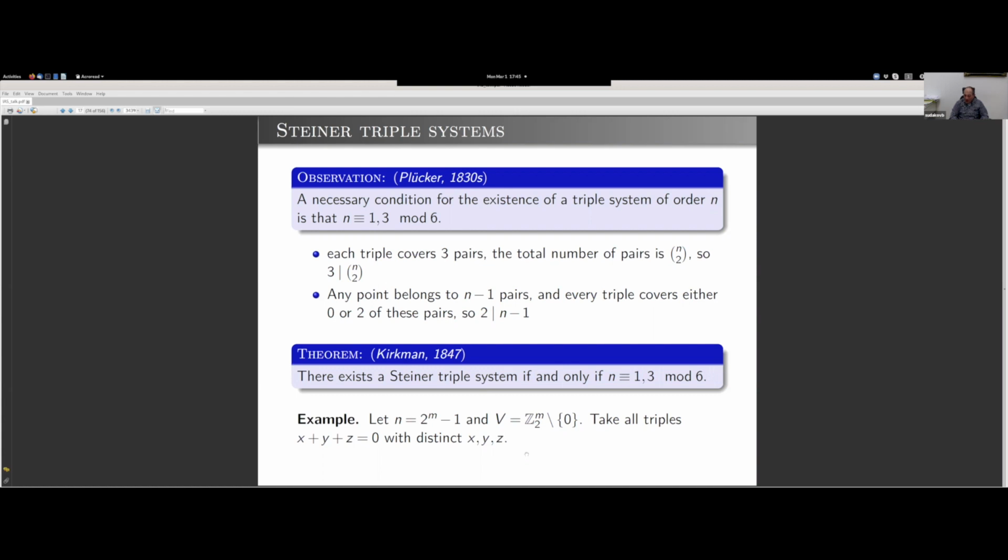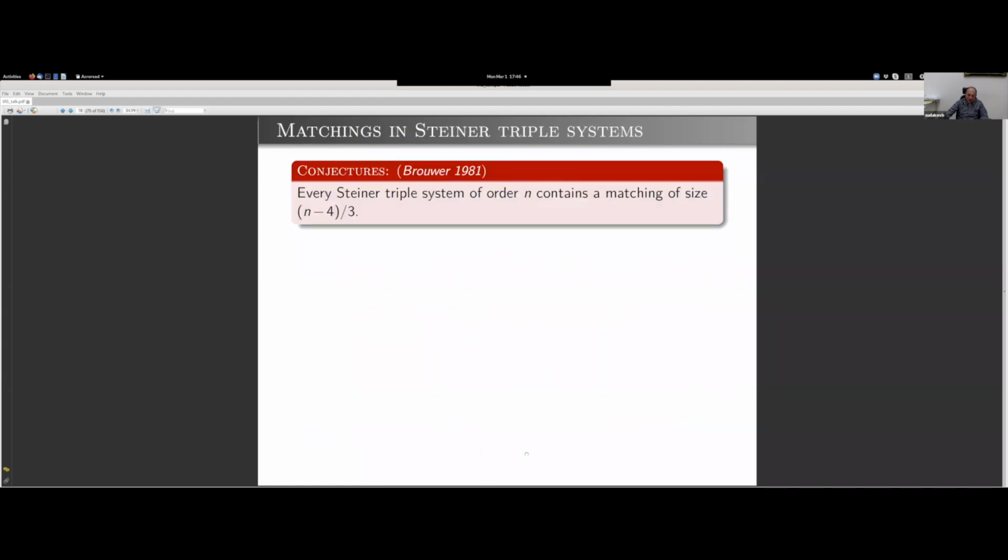There are a lot of questions about Steiner triple systems. In particular, one which interests me in the context of the Ryser conjecture is the following question of Brouwer, which was posed about 40 years ago. Brouwer conjectured that every Steiner triple system has a nearly perfect matching.